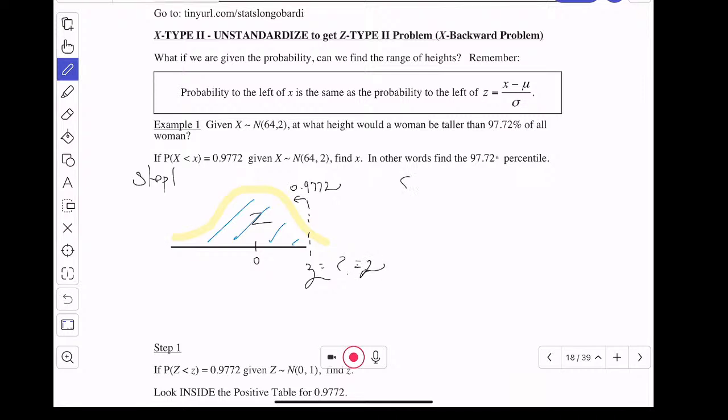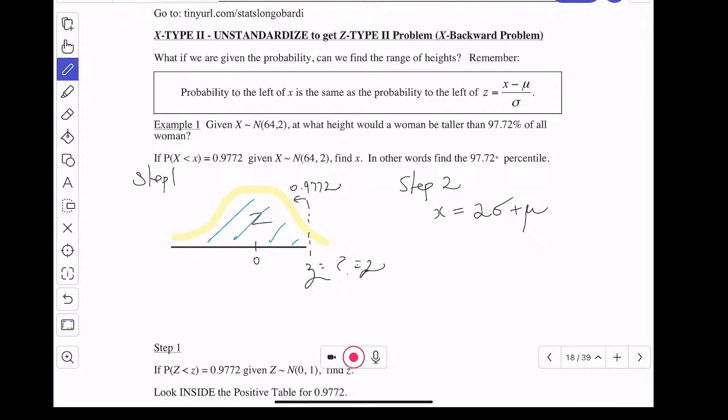So now the next step is to convert 2 standard deviations from the mean into an x. X equals, watch this, 2 standard deviations from the mean. See what I did?